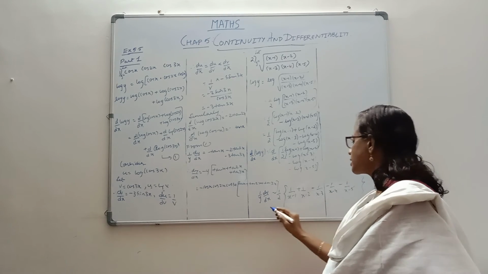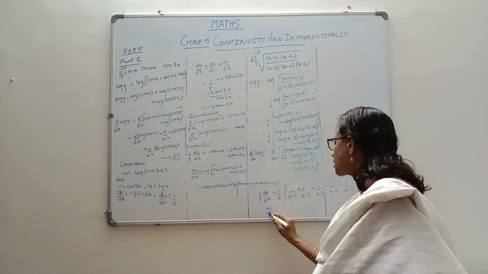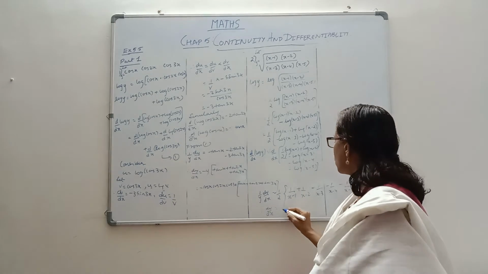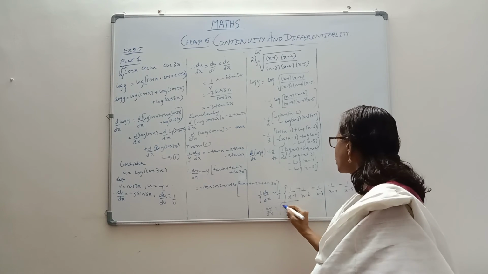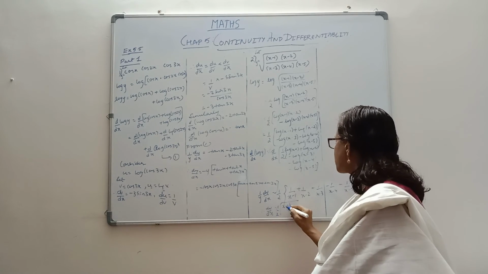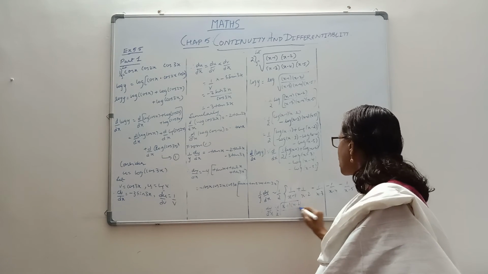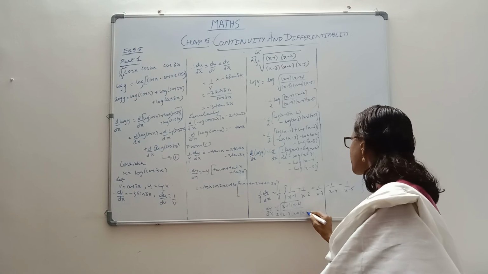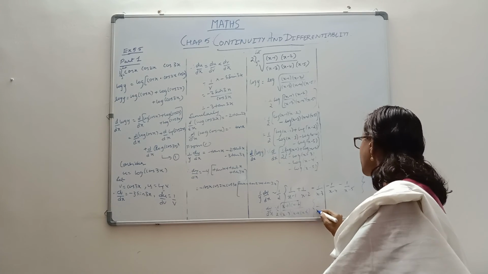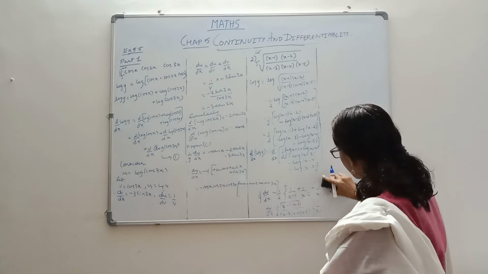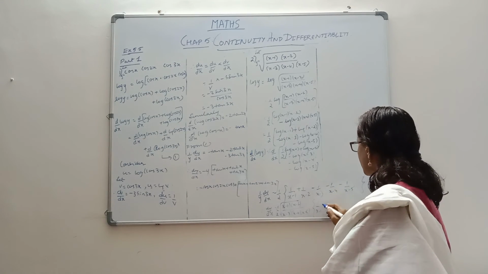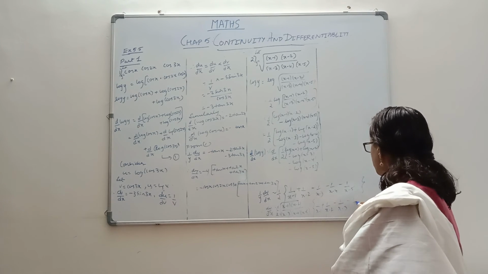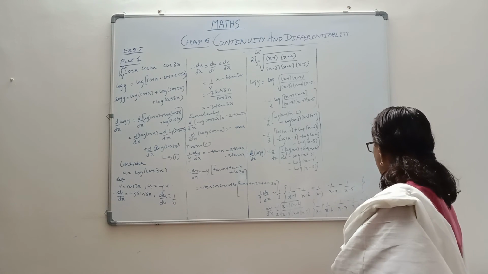That's our answer, except for the fact that the y has to go on the other side. So the y goes there. So you will get y equals root of x minus 1 into x minus 2 by x minus 3 into x minus 4 into x minus 5, times 1 by x minus 1 plus 1 by x minus 2 minus 1 by x minus 3 minus 1 by x minus 4 minus 1 by x minus 5.